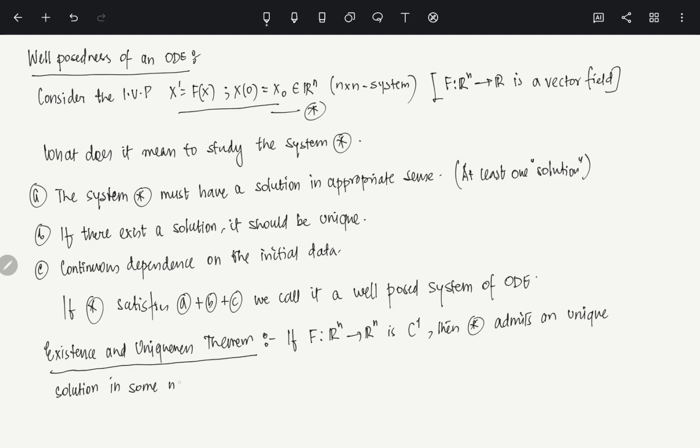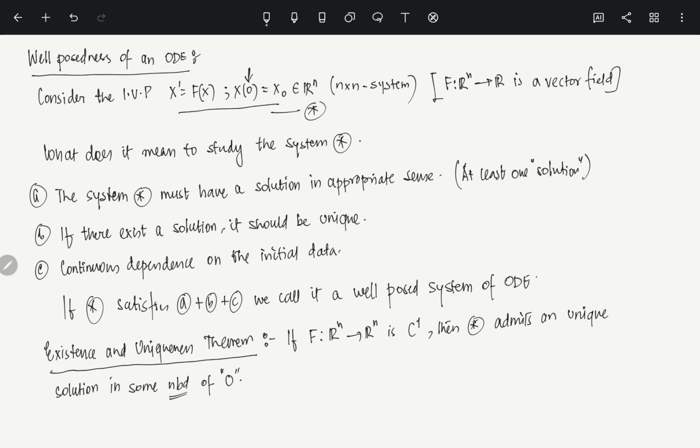And what is this 0? Essentially this is t equals 0. So in the neighborhood of 0, minus epsilon to plus epsilon, you can choose an epsilon such that this system has a solution. Okay, that's what we have.